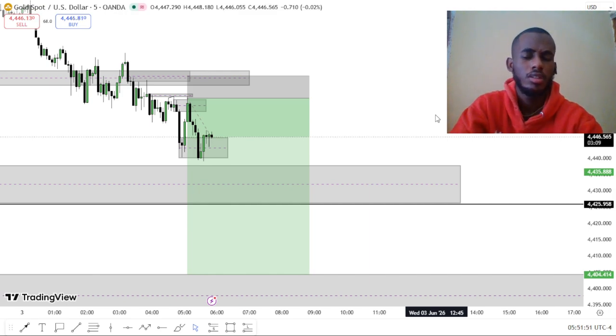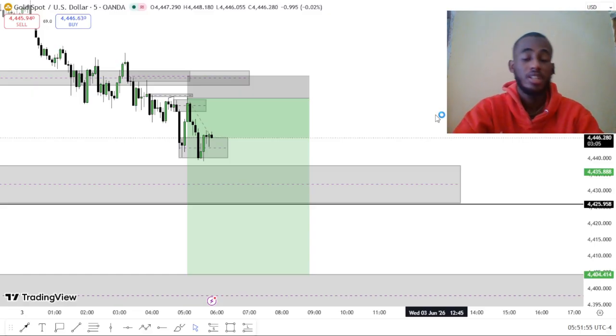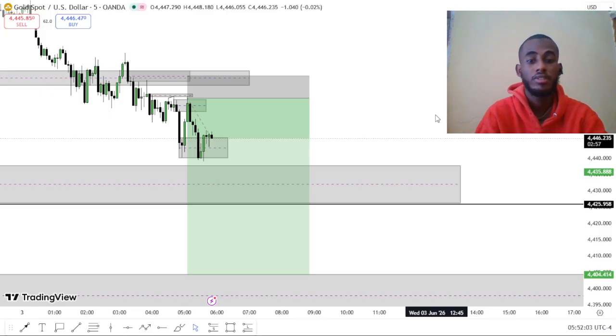And if you are struggling with FOMO on gold, if you're tired of chasing candles, if you're tired of risking too much, if you're tired of feeling emotional every time gold moves, start focusing on process instead of profits. That will help you a lot.